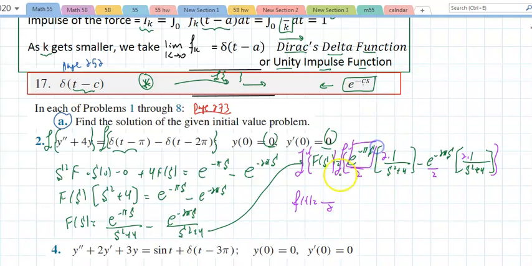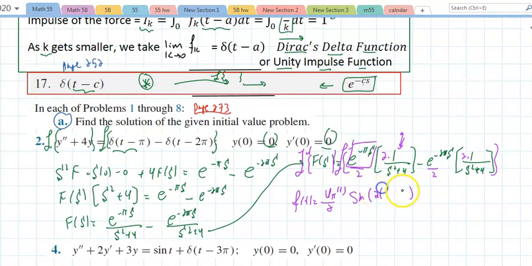This is going to give me u sub pi of t, right? And this right here is supposed to give me, did we say sine or cosine? Sine of at.